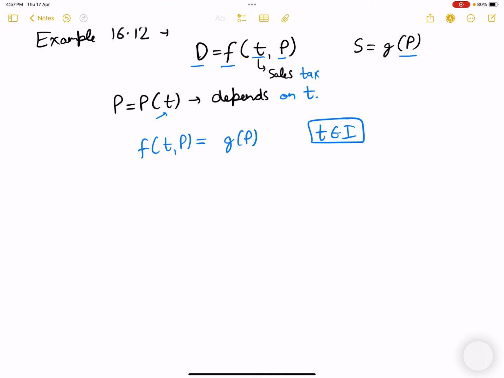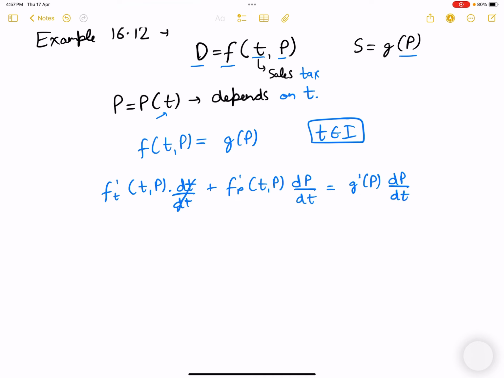Then using partial derivatives, what we have is f dash T times dT by dT, this would be 1, plus f dash P times dP by dT is equal to G dash P dP by dT. This is 1.